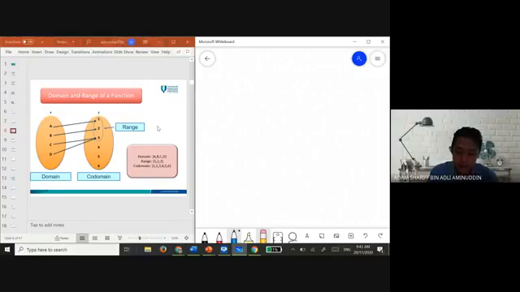Okay, continue back. For the domain and range, range, apakah beza dia dengan codomain? Tadi saya tulis domain, a set of input. Tadi saya tambah keyword input sini. Codomain is a set of output.